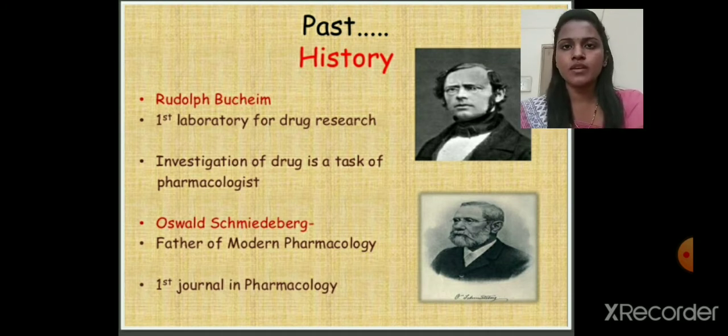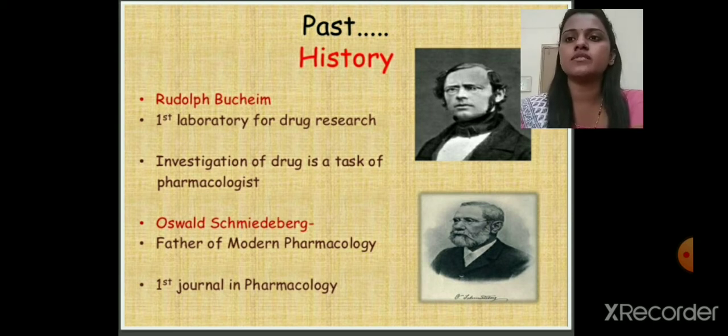He found that any research on drugs in humans is done by the pharmacologist, so the investigation of the drug is the task of pharmacology. Laboratory research and laboratory development of the drug first took place with the help of this scientist.